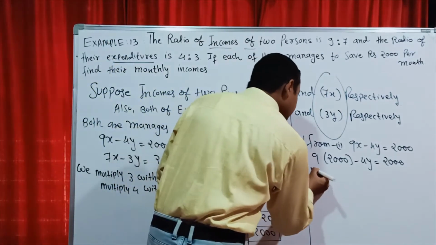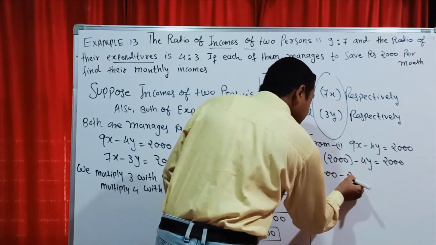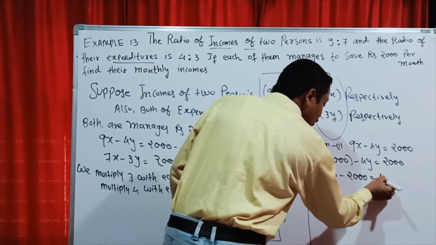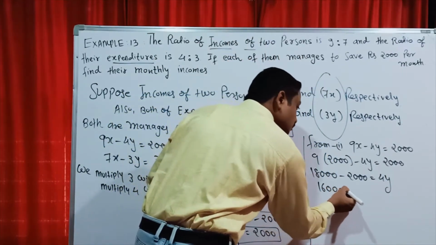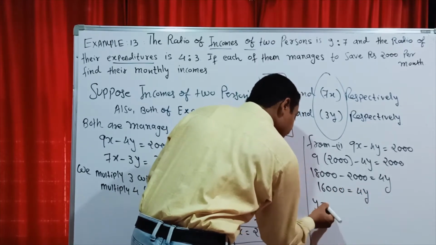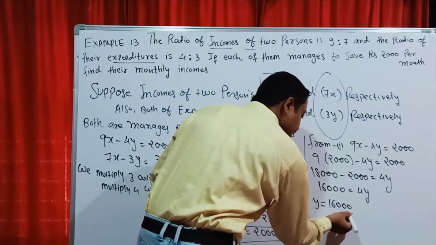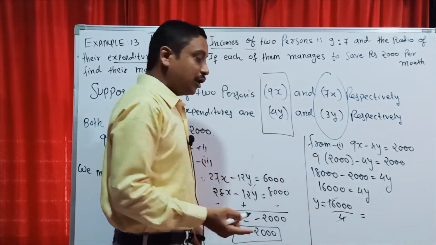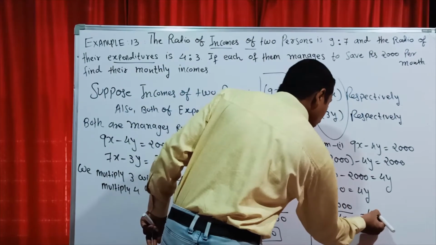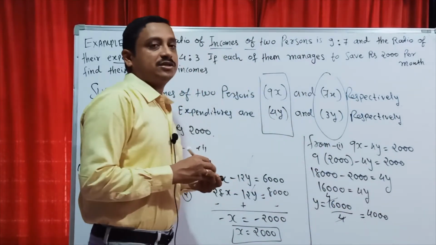So 9 twos are 18,000, minus 2000, is equal to 4y. So 18 minus 2 is 16,000. So what is y? 16,000 divided by 4, the 4 fours are gone, and you have 4,000. Now students, read the question.